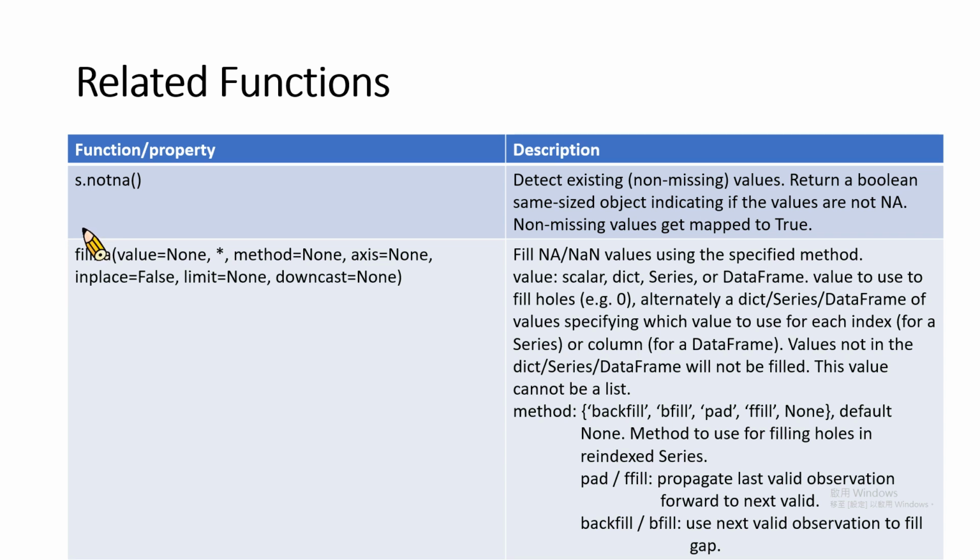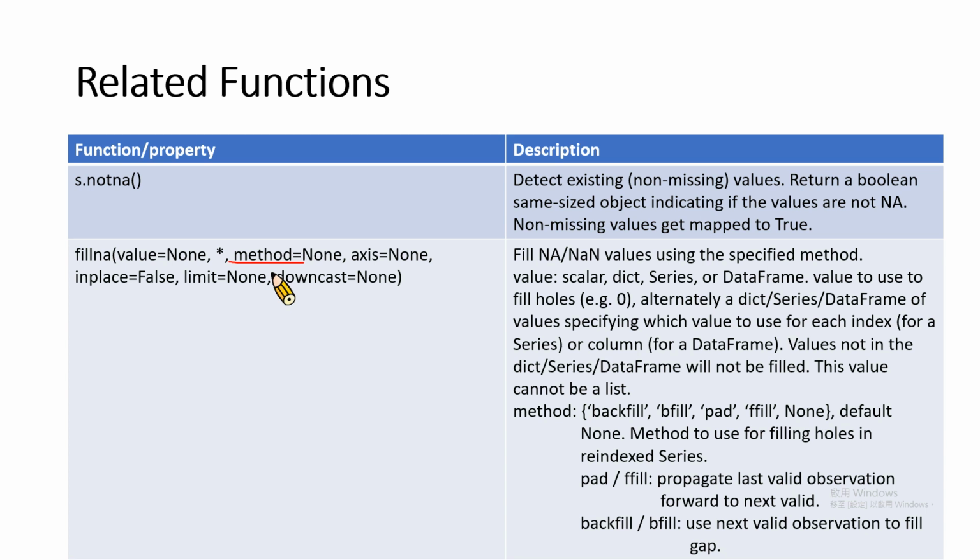So it is a very useful method. In the method parameter, you can specify how to fill the value. For example, you can fill the missing value with some value before the missing value, or fill it with some value after the missing value.